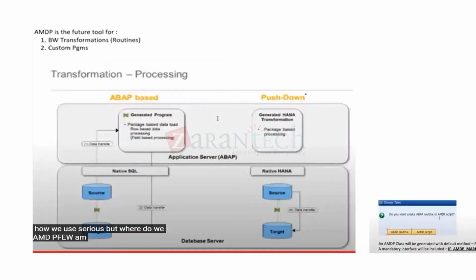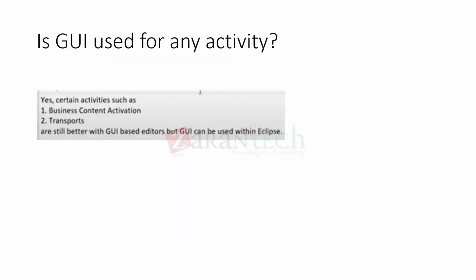Is GUI still used? Yes, GUI is still used for business content activation and transport. So these are the two main activities we still use GUI for in BW for HANA. But I have a feeling that in subsequent releases of BW for HANA, SAP will totally eliminate the usage of GUI.